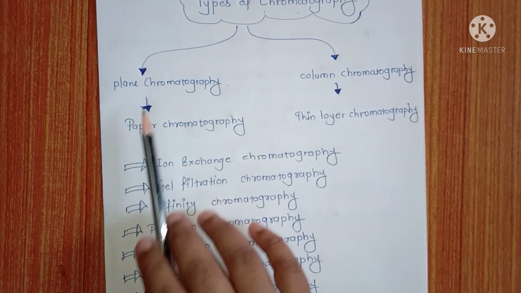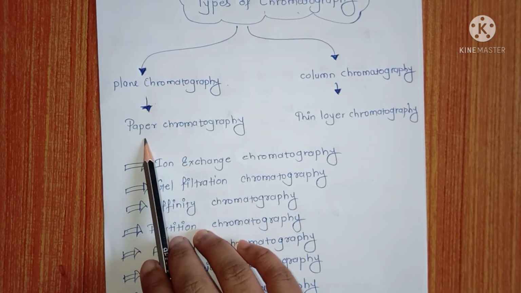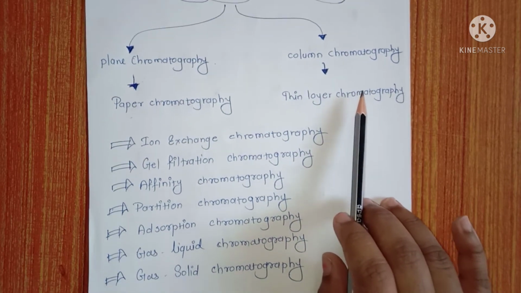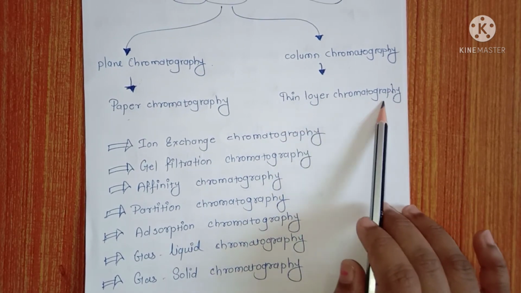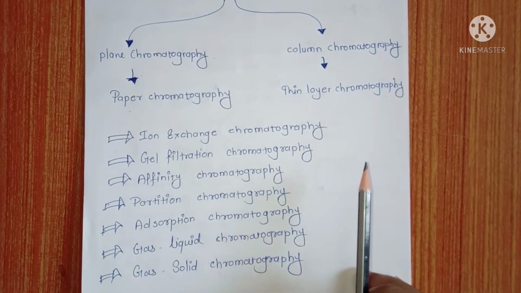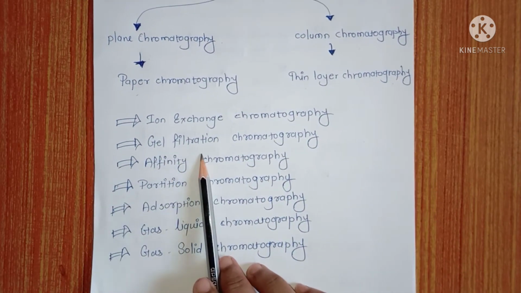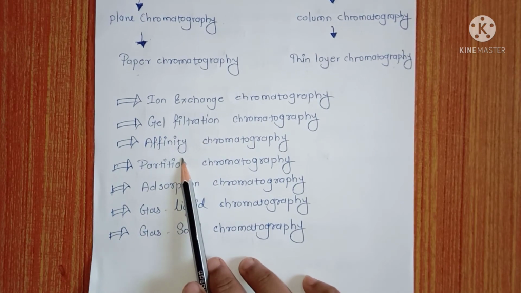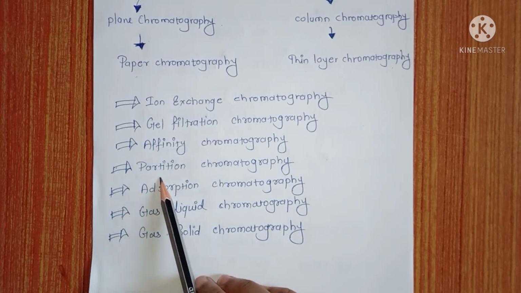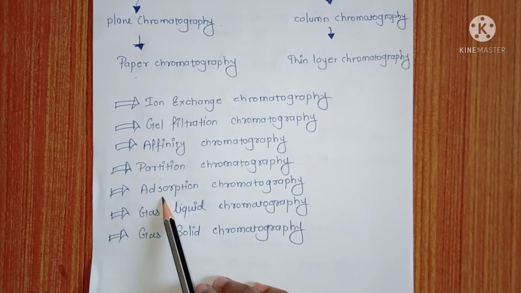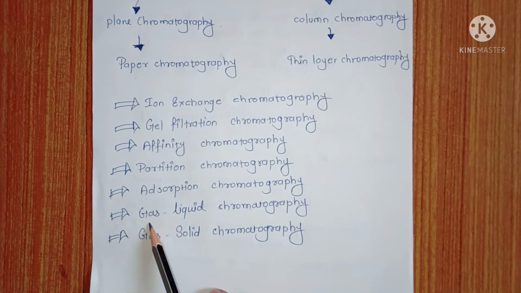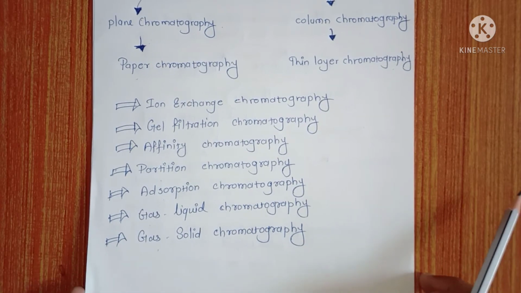Plain chromatography includes paper chromatography and thin layer chromatography. Other types of chromatography are ion exchange chromatography, gel filtration chromatography, affinity chromatography, partition chromatography, adsorption chromatography, gas liquid chromatography, and the last one is gas solid chromatography.